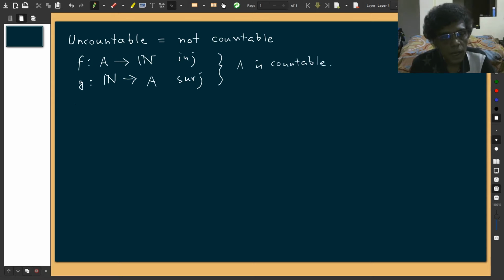Okay, but now if I want to prove that A is not countable, what do I have to show?